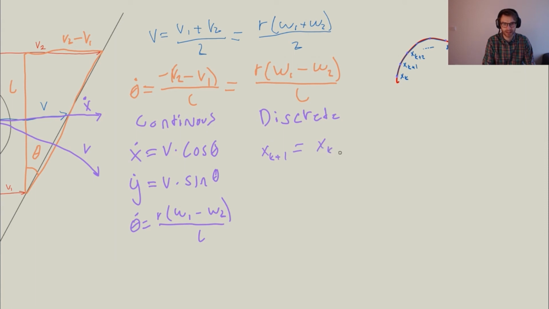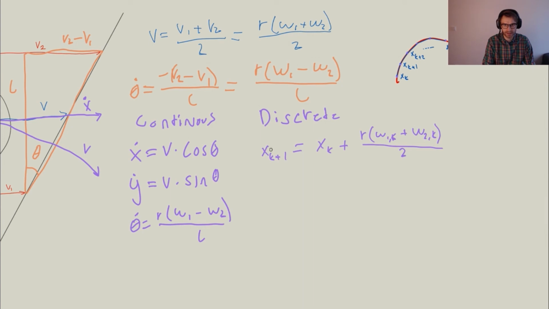So xk plus, then we will have here on top the radius of a wheel, then the angular speed of wheel 1 at k, at the previous time step, then wheel 2 and again at k, so in the previous one, and this is divided by 2 just as previously.